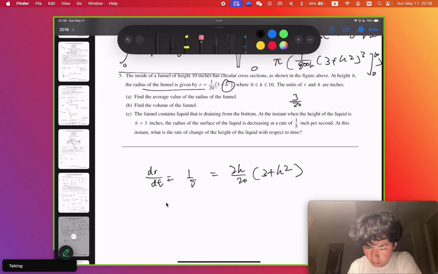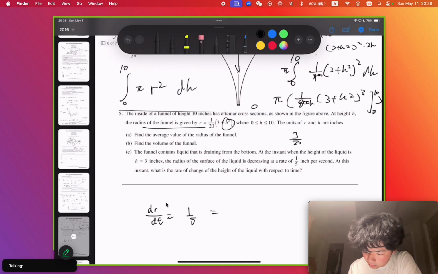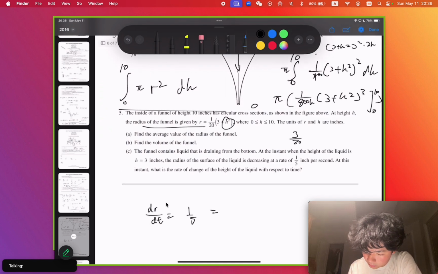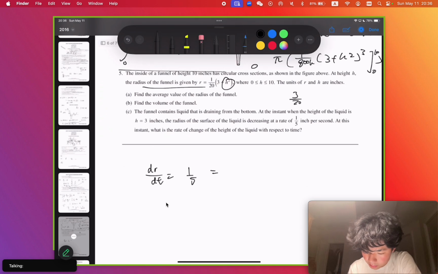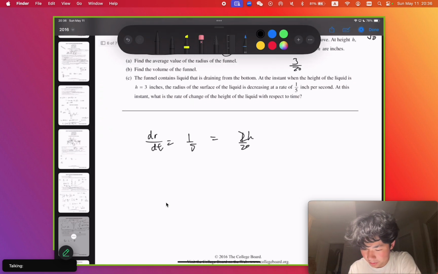Yeah, I don't know what this is. Hold on, what actually is the derivative of this thing over here? You just get this. This is the derivative.